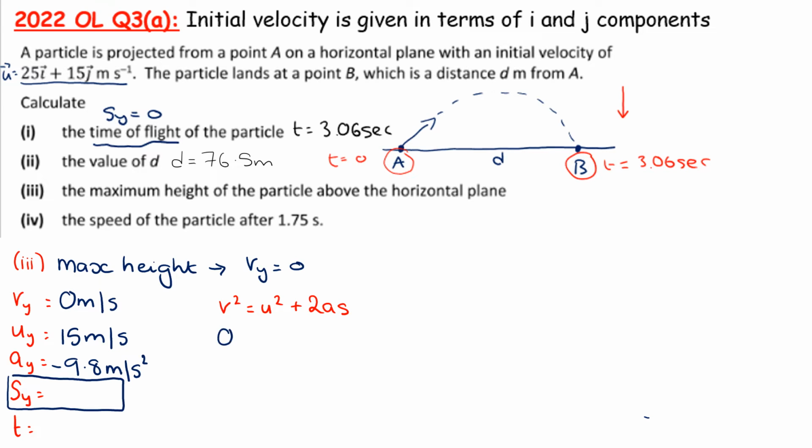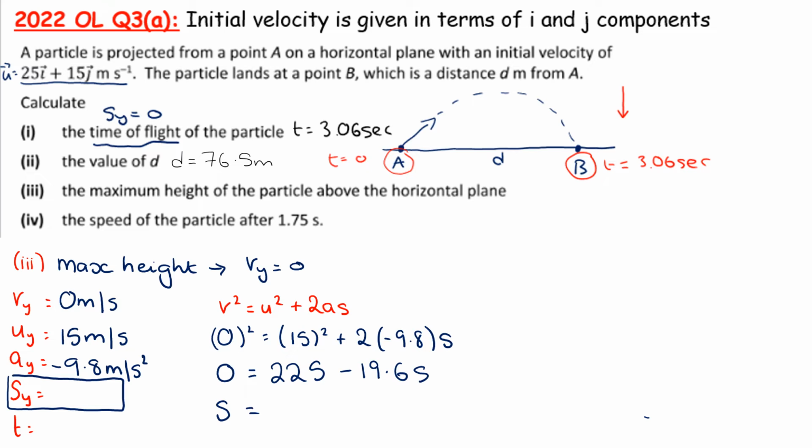My v is 0, squared, equals 15 squared plus 2 times minus 9.8 s. So 0 equals 225 minus 19.6s. So s is equal to 225 divided by 19.6, and that gives us 11.48 meters. Now, that's not the only way that we could work.